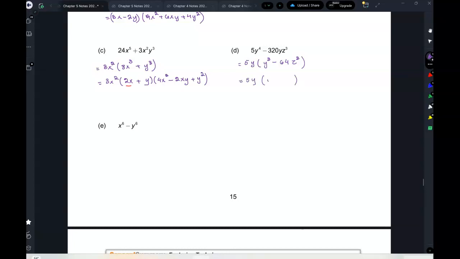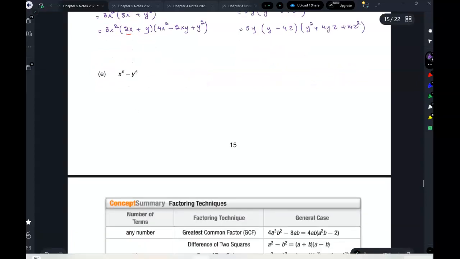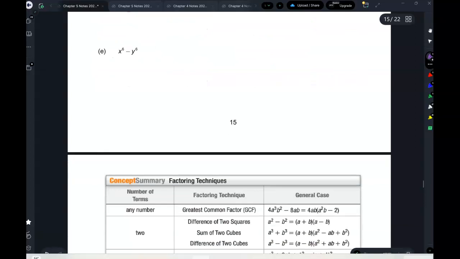Take the cube roots and I get y minus 4z. So now square the first one, plus multiply them, 4yz, plus square 16z squared. Okay? So you have to memorize this pattern.